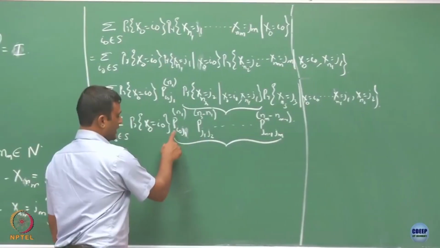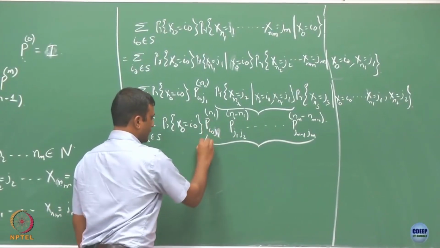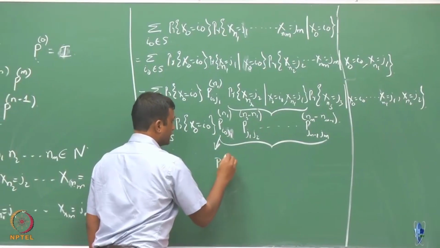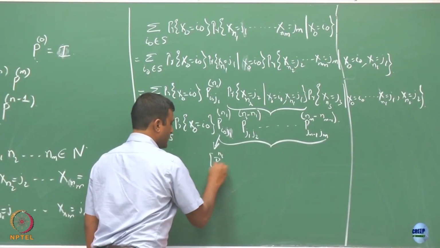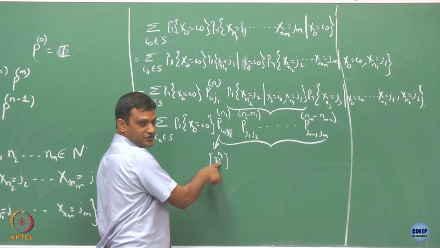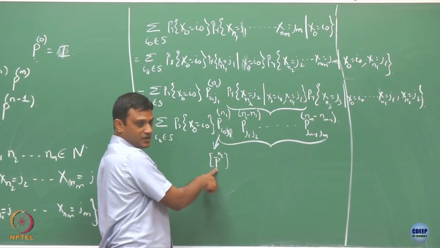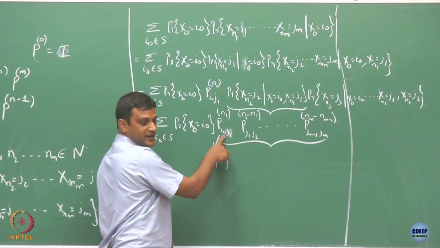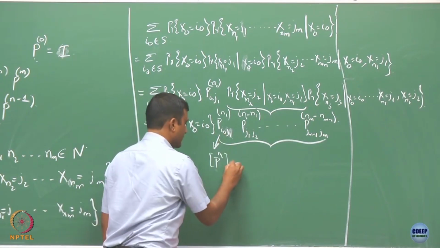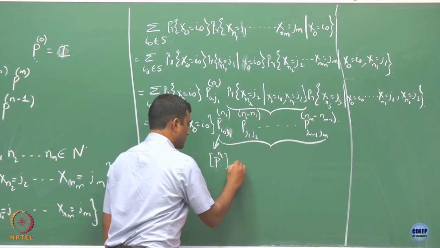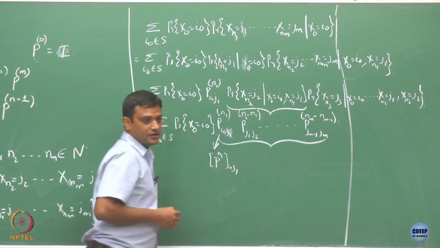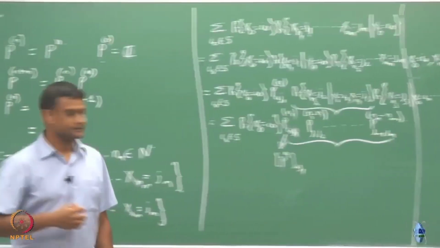So for this quantity, how can I write it? I can write it as P raised to the power n1, but which term? This is a matrix, right. If P is the transition matrix, which term will I be interested in? i0 j1. This is a matrix, so I have to tell both row and column indices.